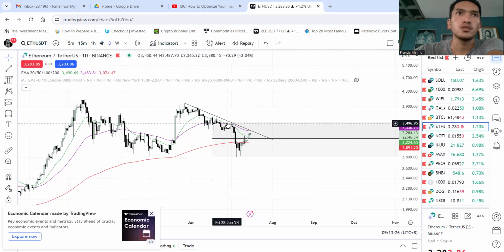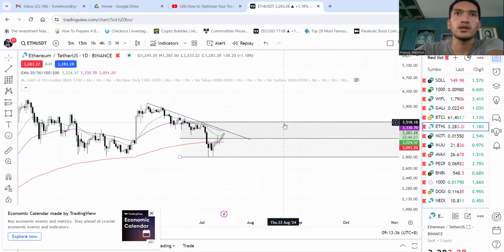Okay, so we have a lot of structure in here that signifies a resistance. So I think it will take its time to exit this area for those who had a bad position.